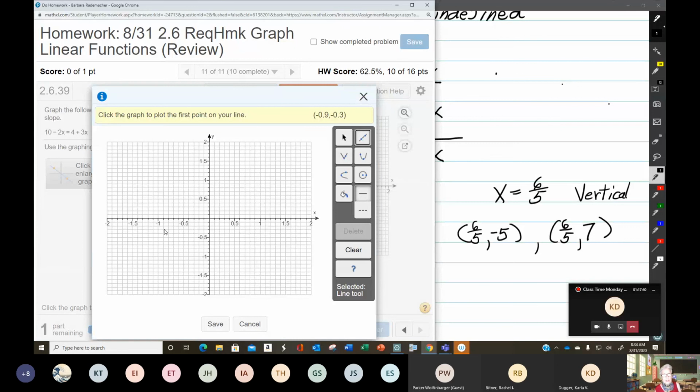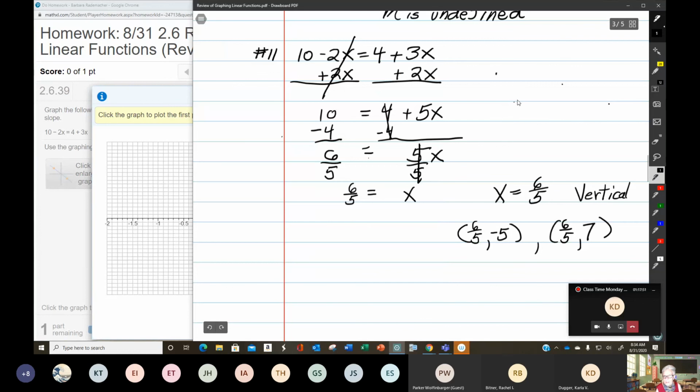So each inch is divided into 2 parts, which means I need to get the decimal equivalent of 6/5. Well, 6/5 is 1 1/5. I don't feel like dragging out the calculator. So that's going to be 1 plus 0.2, because 1/5 is 0.2, so it's going to be 1.2.